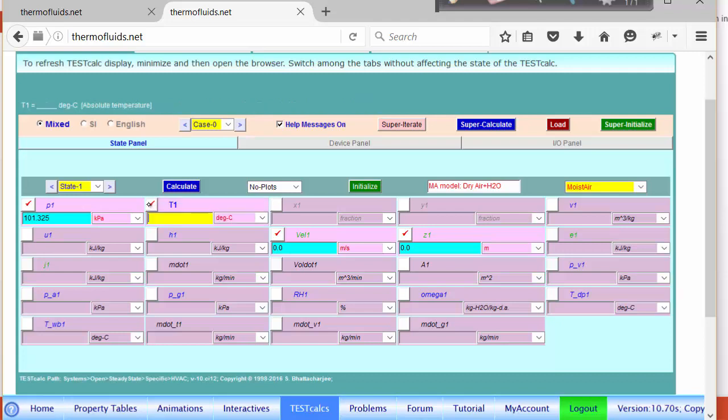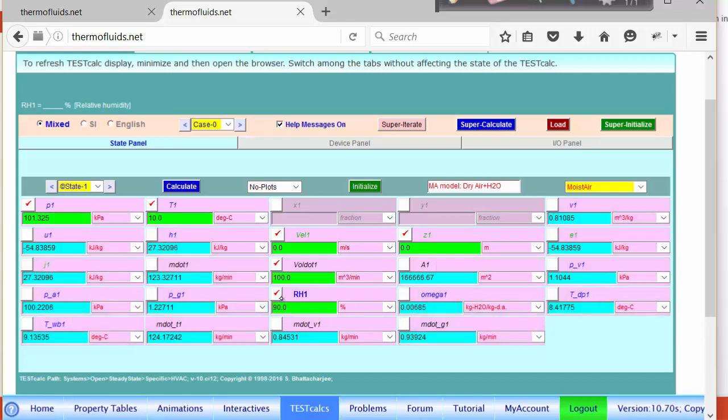So let's calculate state 1. Recall state 1, what we know, 10 degrees Celsius is the dry bulb temperature, volume flow rate is 100 meter cube per minute, which is already the default unit, and relative humidity is 90%. That gives us the complete state, including the mass flow rate of dry air right here.